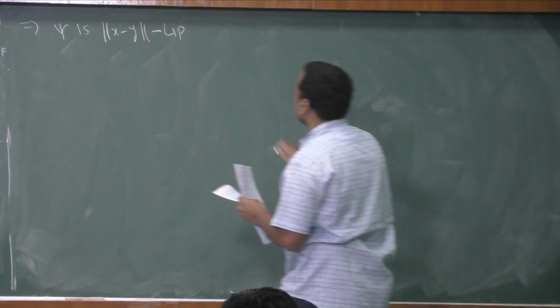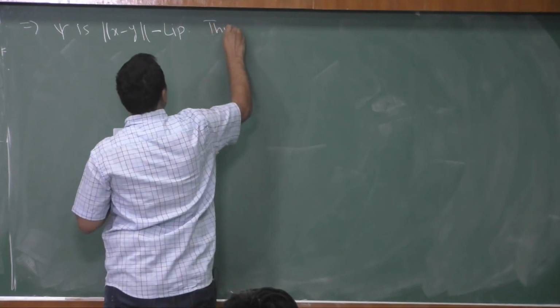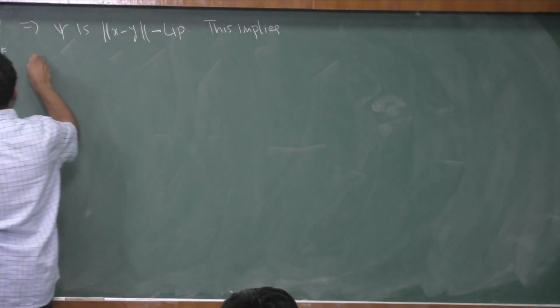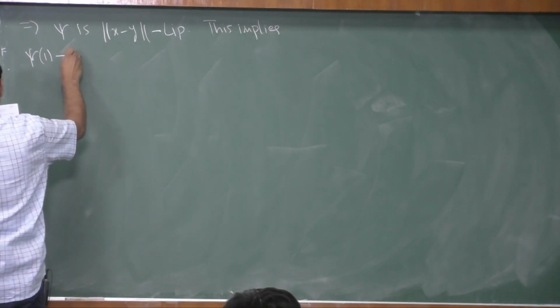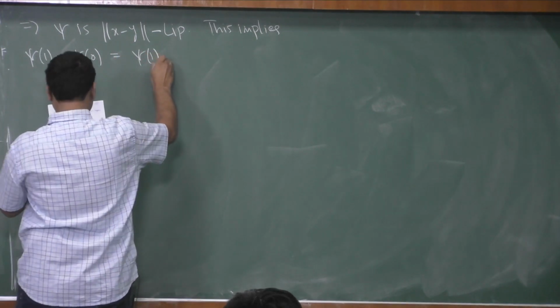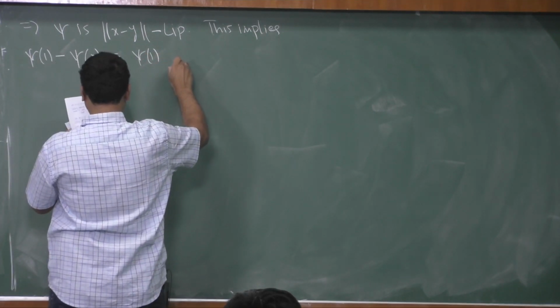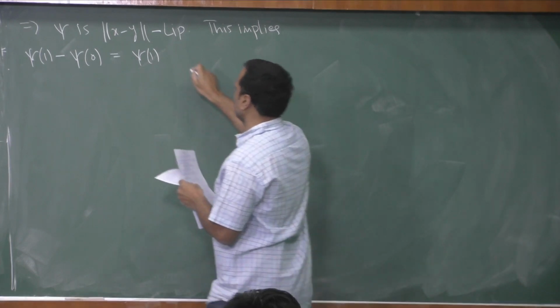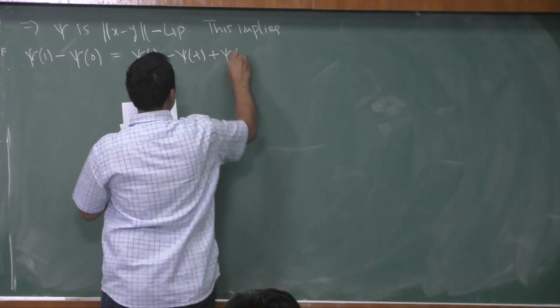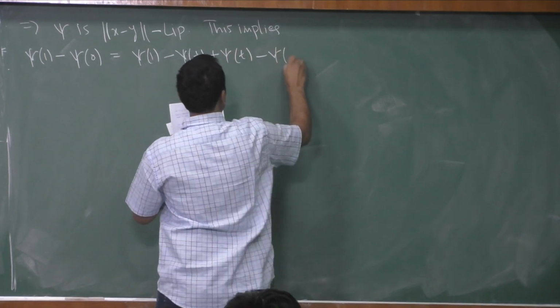Now this implies psi of 1 minus psi 0. This is psi 1. I can add and subtract psi t, okay, so I'm doing that: psi 1 minus psi t plus psi t minus psi 0.